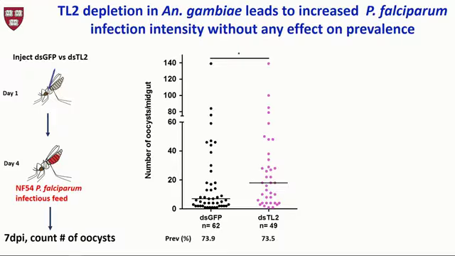So this is important when we think of transmission dynamics, because if we are looking for tools that will reduce mosquito population, but at the same time we are also favoring parasite infection, that might have dire consequences on transmission dynamics. And so we have to be a bit cautious in terms of which pathways we will take further to explore in terms of controlling transmission.